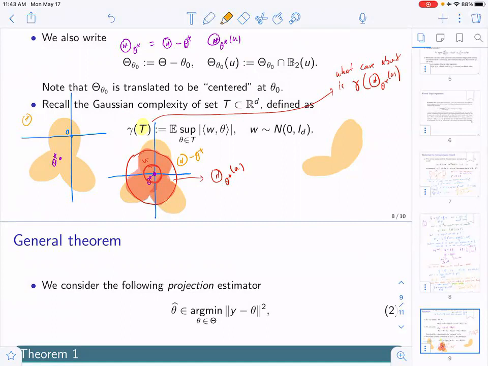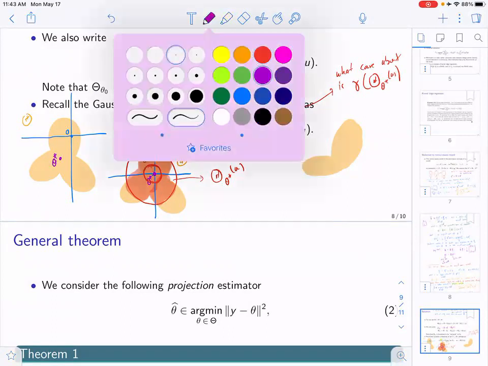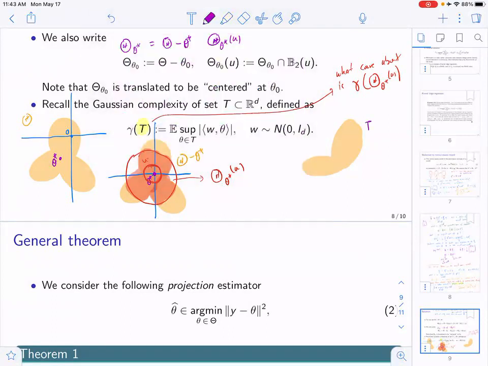But what this is saying is that for any set T, say this is set T, and this is the origin, I'm going to pick a random vector W, which is in this case normal, with mean 0 and covariance identity 2.